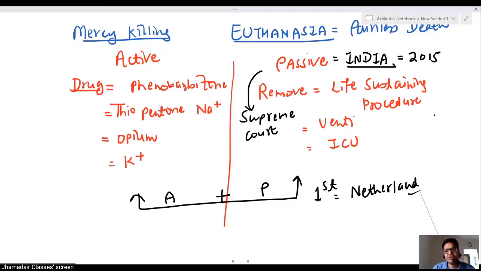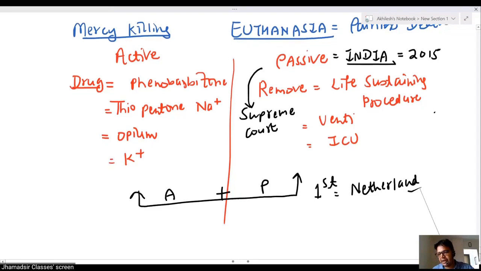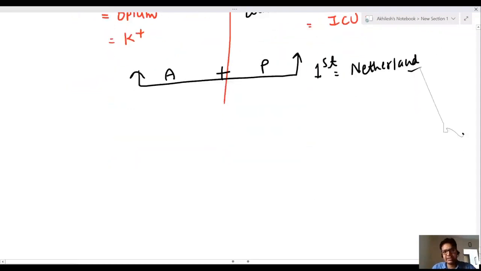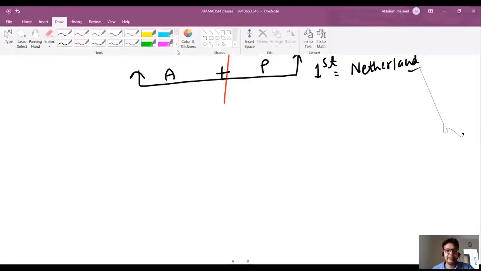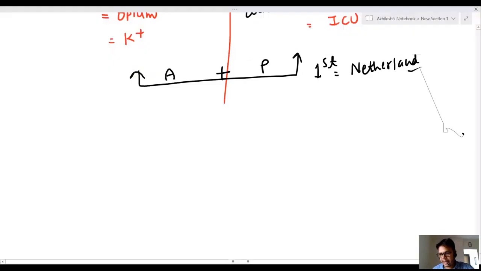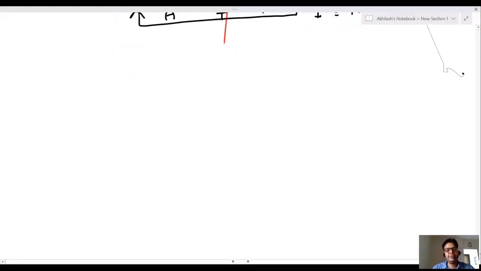The first country where active plus passive both got legalized was the Netherlands. Giving a drug causing death is active euthanasia, and removing resuscitation is passive euthanasia.